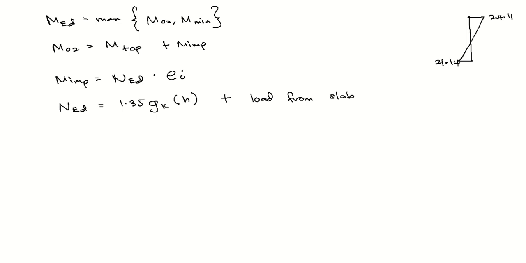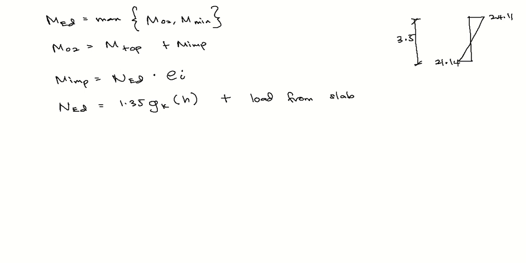Okay, because we want to calculate the GK of this 3.5 meter wall. Okay, and we only take GK only. Okay, and then this wall also carries load from slab, right? The 6 meter slab. Okay, so we also need to add half of the load from the slab. Another half will be taken by the other side of the support of that slab.